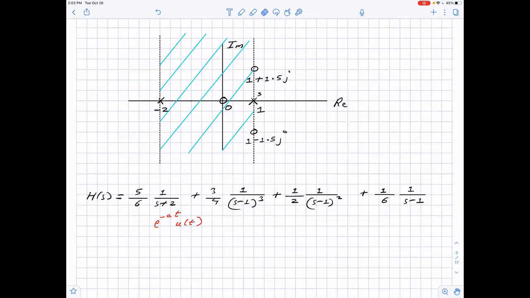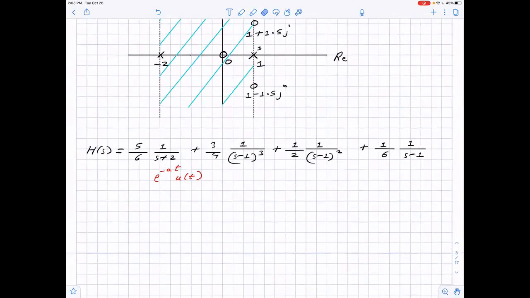So using that formula for the inverse of 1 over (s + 2), we get the inverse of this as e^(-2t) u(t). And we also have this constant term 5/6. Using linearity, we can apply the same constant in the time domain as well. If we have some constant in the s domain, the same constant appears in the time domain. So that's the first term.